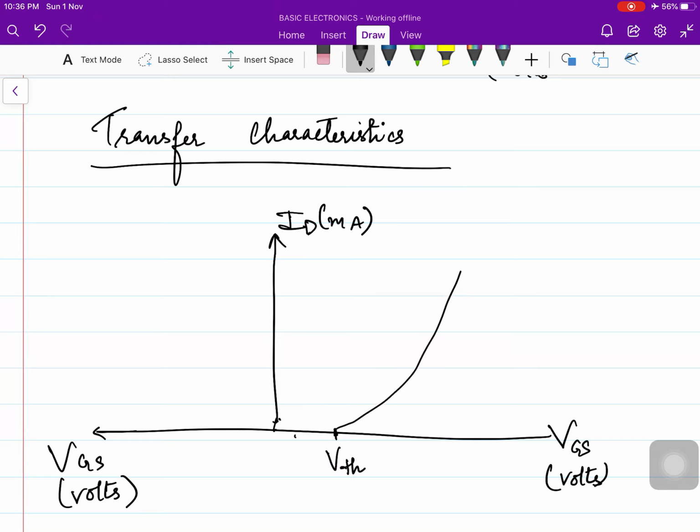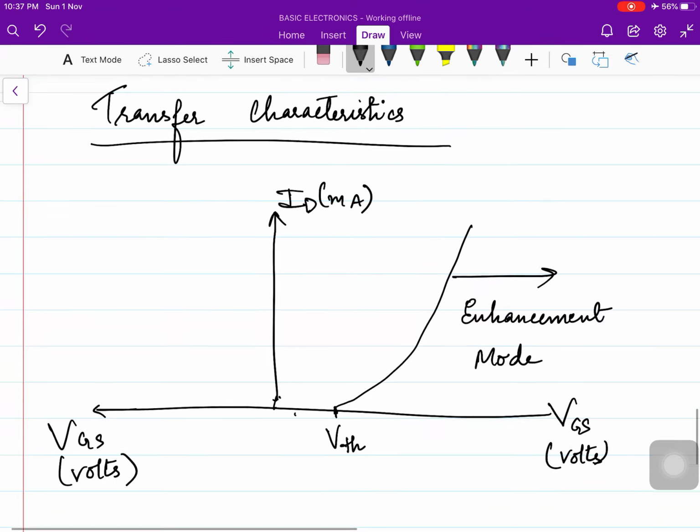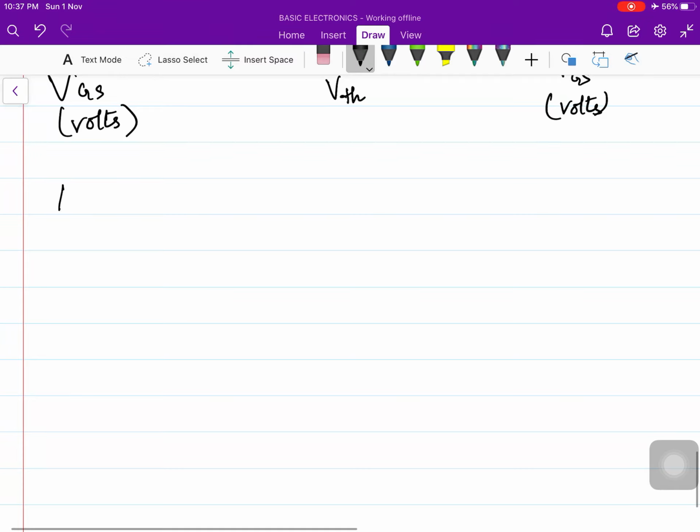So let the threshold voltage be somewhere here, and then the current flows and starts rising. So in the direction where the current is rising, that is the enhancement mode, because the current is rising, enhancing, so it is the enhancement mode. So I hope you all must have understood the characteristics also, which are simple if you understand the operation.